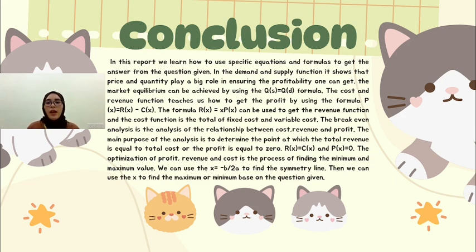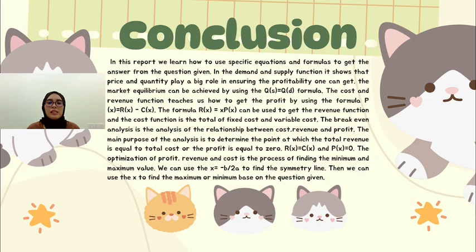The cost and revenue function teaches us how to get the profit by using the formula P(x) equal to R(x) minus C(x). The formula R(x) equal to x times P(x) can be used to get the revenue function, and the cost function is the total of the fixed cost and variable cost.